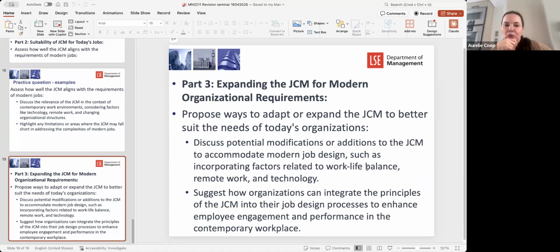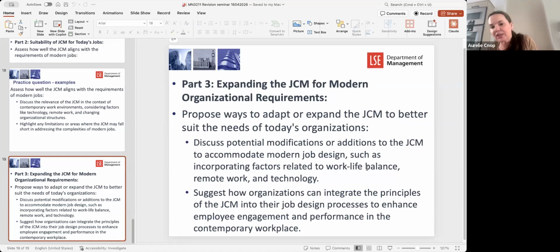So for example, you could incorporate new factors that are related to work-life balance, remote work and technology, right? And then as a last part, you have to suggest how this organization can integrate this principle into their job design process, to make sure that not only have you thought about the element but it is integrated in the job design, right?